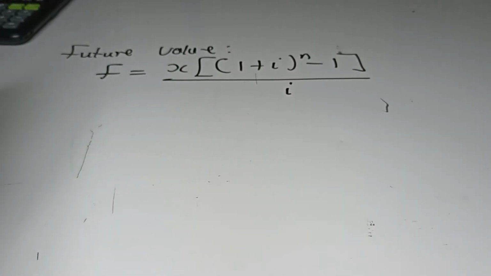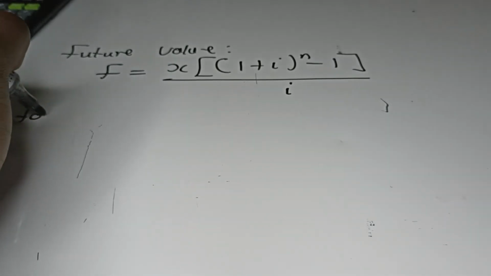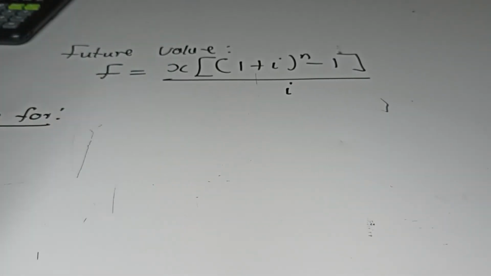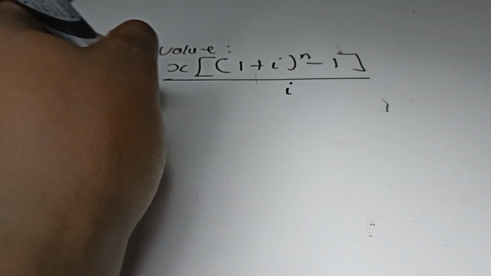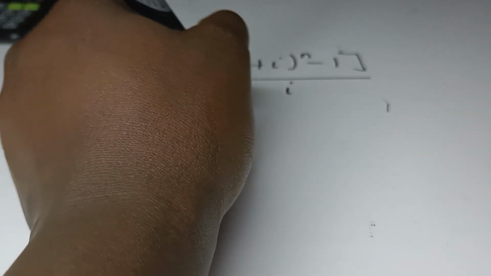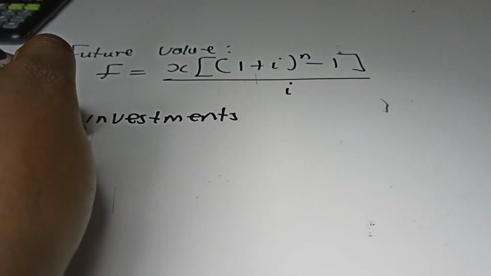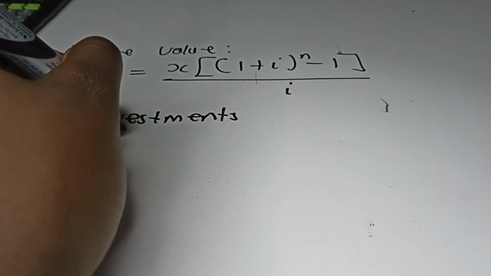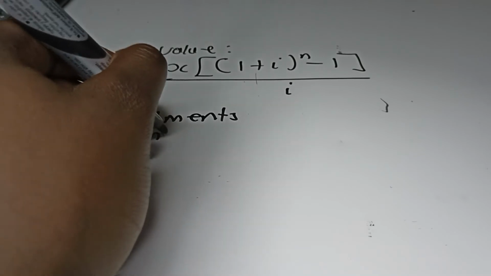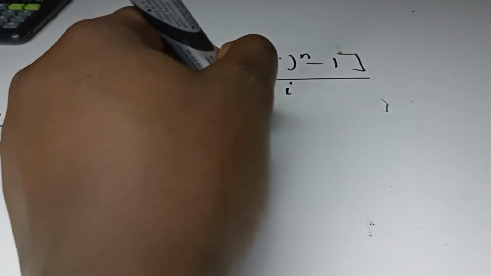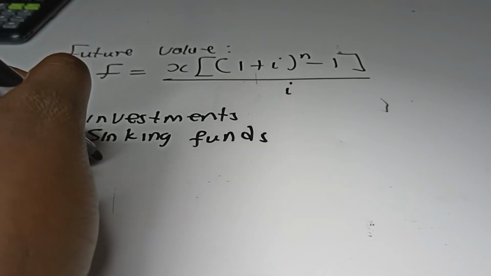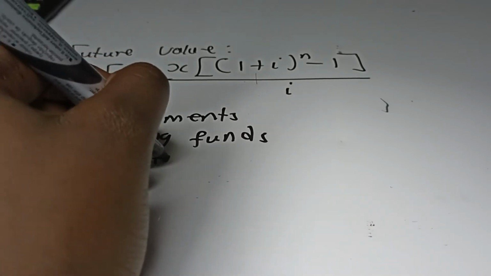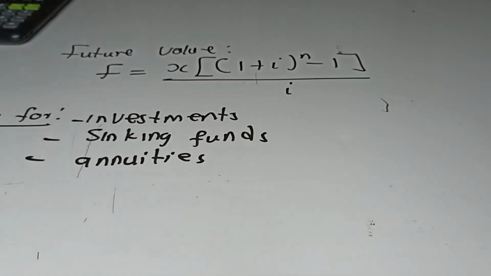This formula, you have to know what we're using it for: when dealing with investments, together with sinking funds, and lastly, when you're dealing with annuities, it is when you use the future value.